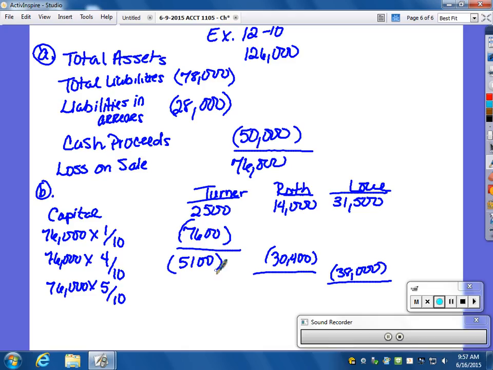Roth, 14,000 minus 30,400, negative 16,400. Lowe, 31,500 minus 38,000, negative 6,500.